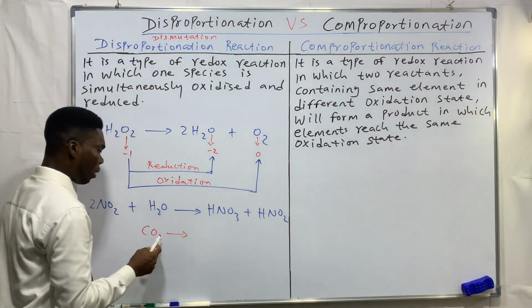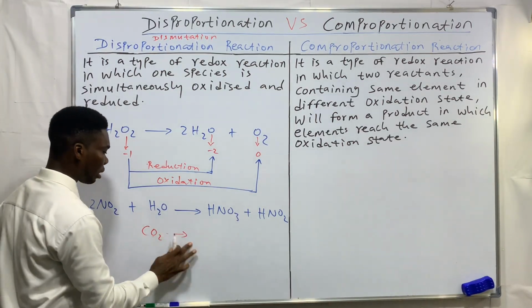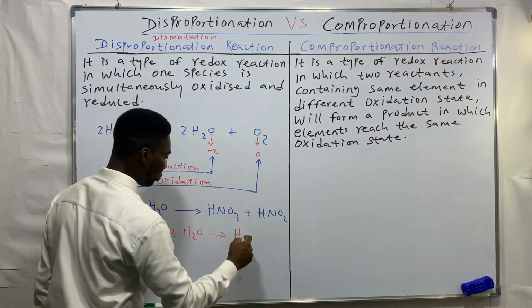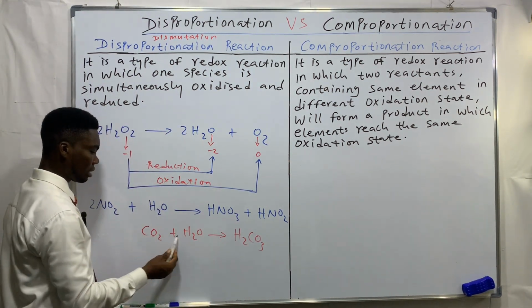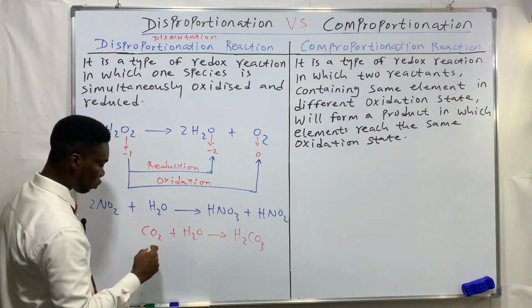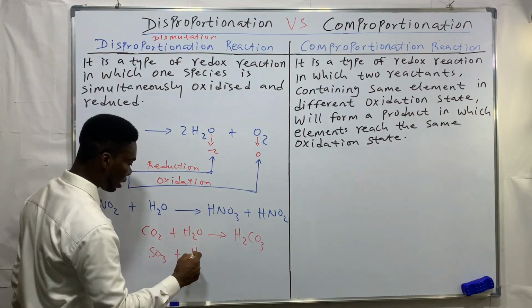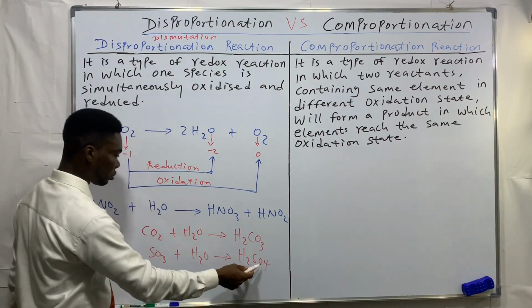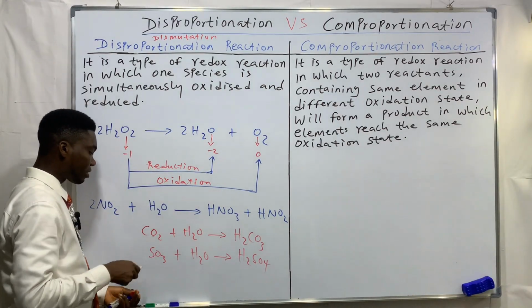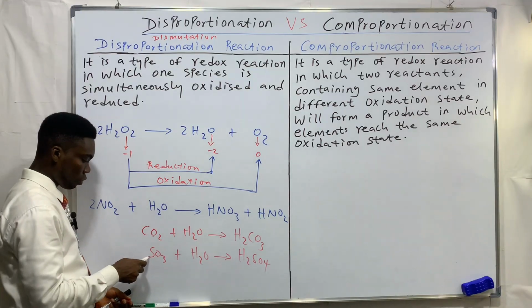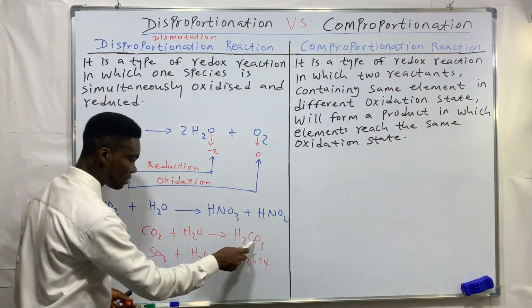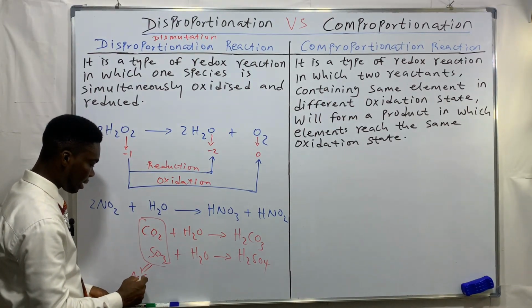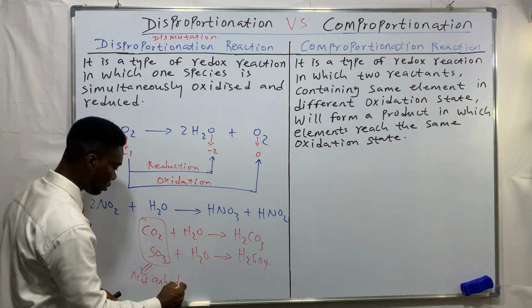Normally, when an acid anhydride dissolves in water, it gives rise to an acid. When carbon 4 oxide dissolves in water, it gives rise to carbonic acid. When SO3, sulfur 6 oxide, dissolves in water, it gives rise to H2SO4, sulfuric acid. Oxides of non-metals which dissolve in water to produce acid, we call acid anhydrides.